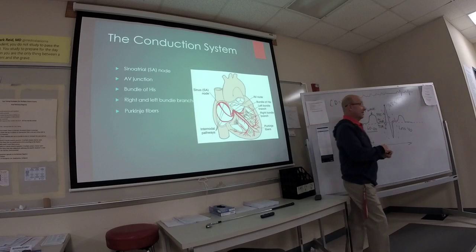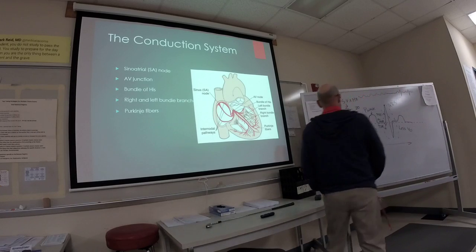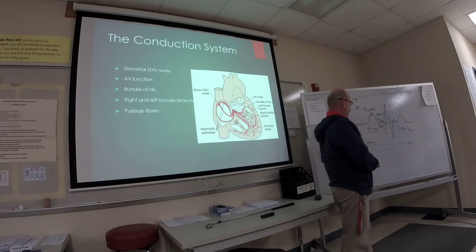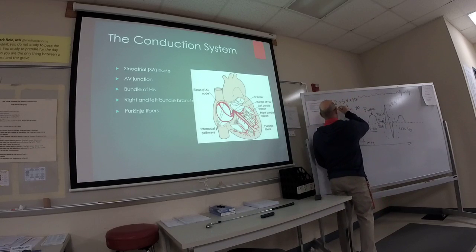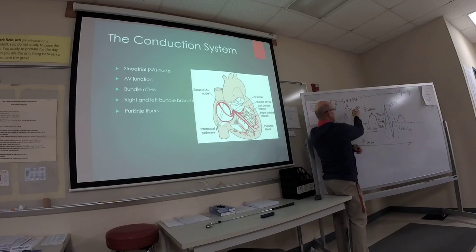Okay? So we're not going to get our normal cardiac output. What's the normal cardiac output? And we have to put it in liters. It's like 5 to 6 liters per minute, right?